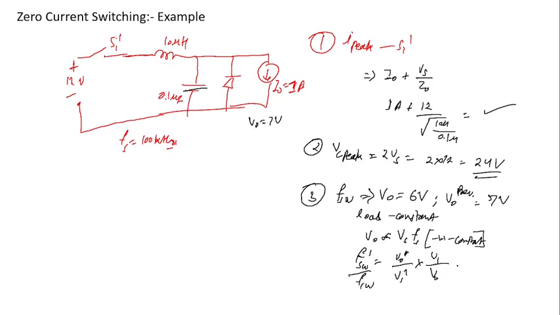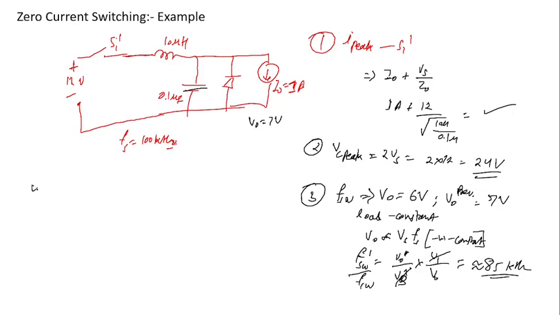We can easily calculate by putting in these values, because the previous switching frequency was 100 kilohertz and the input voltage is equal, so it cancels out. So from V0 prime divided by V0, the new switching frequency is equal to 85 kilohertz something. This is an approximate value.